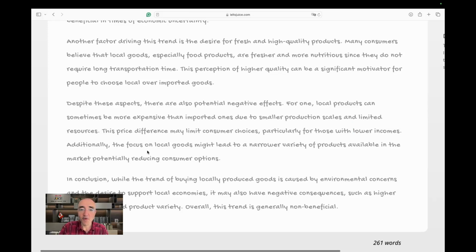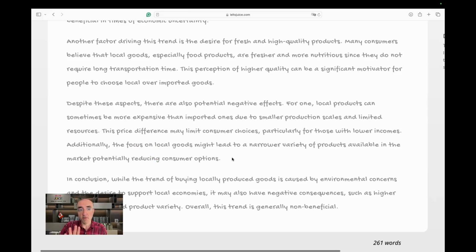Additionally, the focus on local goods might lead to a narrower variety of products available in the market. I need a comma here. Potentially reducing consumer options, because this is a short form of relative clause. Okay, I like this.